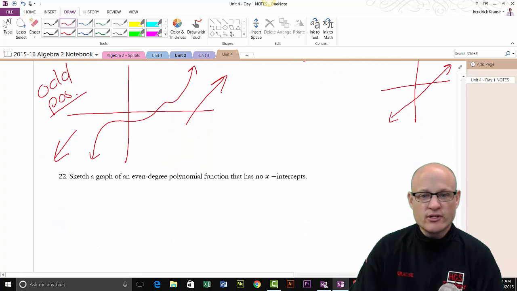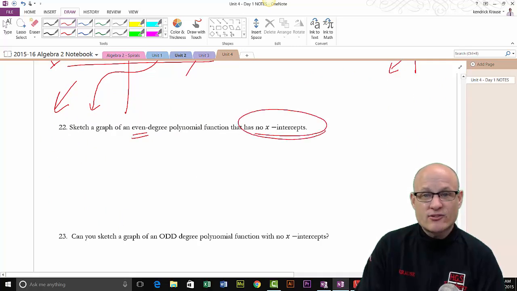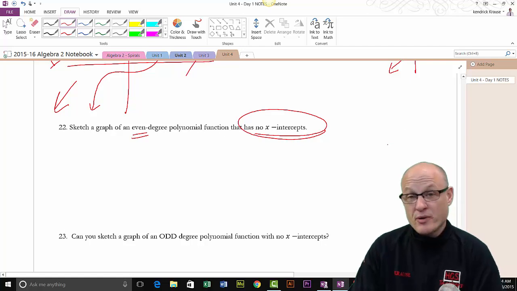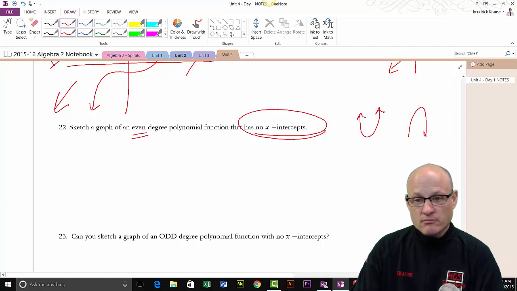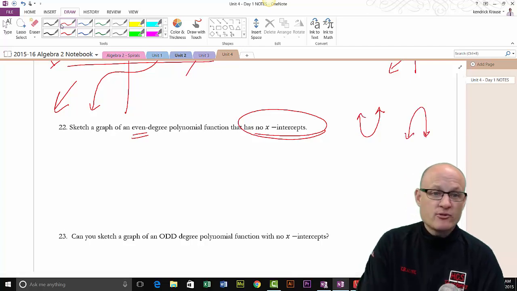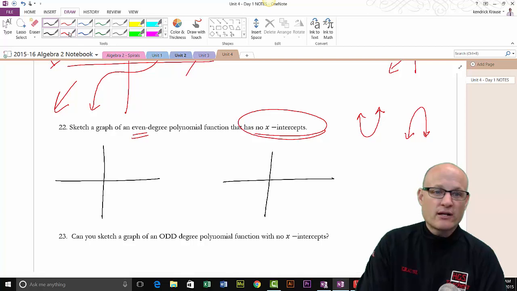All right, kids, we're almost done. Sketch an even degree polynomial function that has no x-intercepts. Now, because it's even, I'm going to draw 2 pictures here. Because it's even, that means they're both going up or they're both coming down. So let me draw some good solid axes in here.